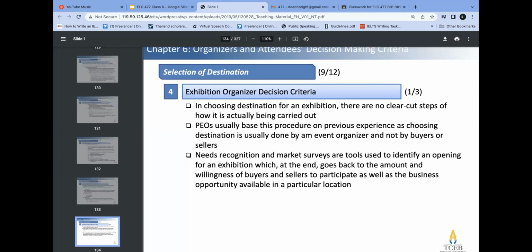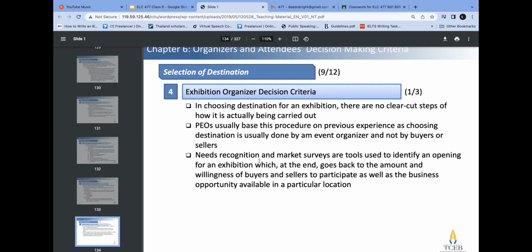For example, if we run an exhibition in a shopping mall, right? Siam Paragon or even Central World, things like that. If it was popular at that time, we can continue again and again. So it depends on the previous experience here.